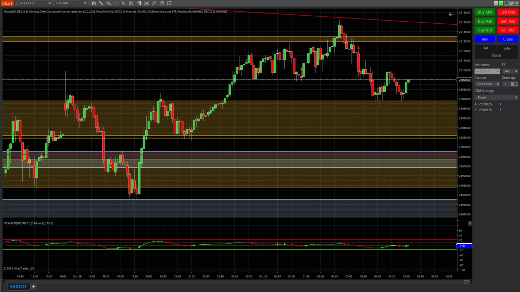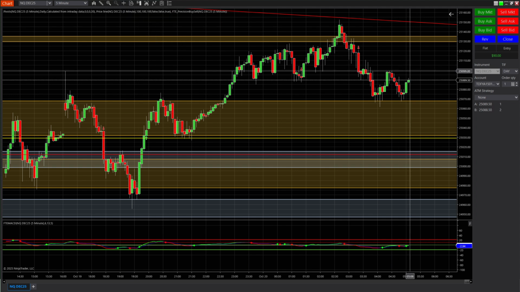Looking at it, it looks like we got a buy signal on the TradingView indicator. Here we got a structure break right here. Right here would be a structure break. Take profit up here. So I'm going to look at this real quick.